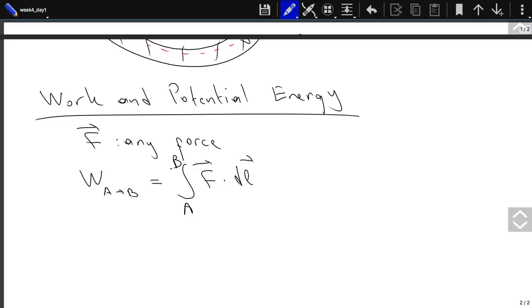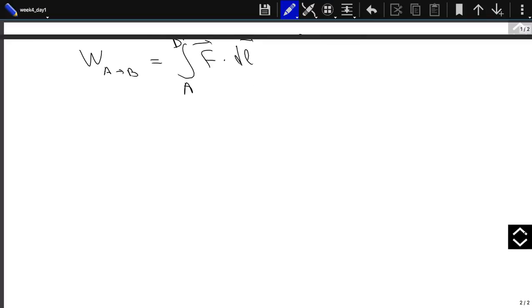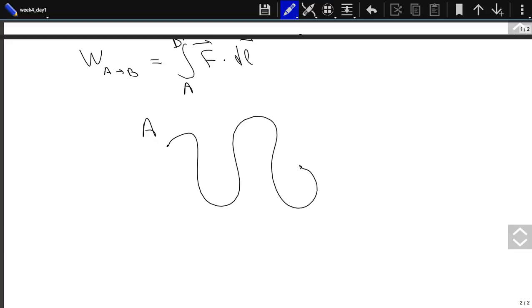Now, what this integral basically means is that you start from point A, you take your object and move it to some other point B. Now, the object need not be moving only under the influence of this force F. F is some force acting on my object, and there might be other forces acting on my object.